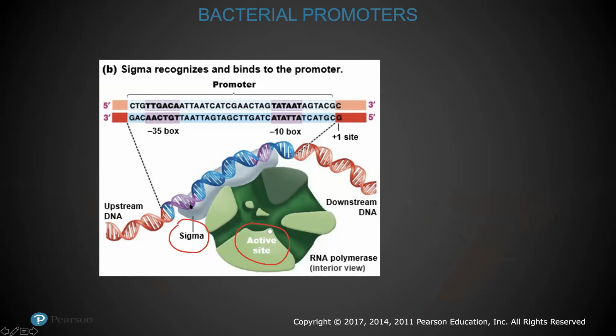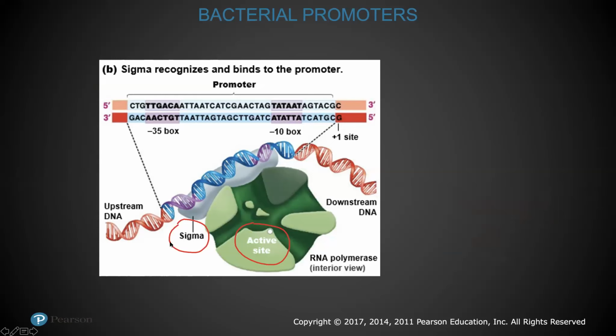All right, so here's what this kind of looks like. We have a strand of DNA here. How do I know where to start binding? What we're looking at in this picture is actually this gray molecule. This gray molecule is that sigma molecule that I just referred to that will bind our RNA polymerase.